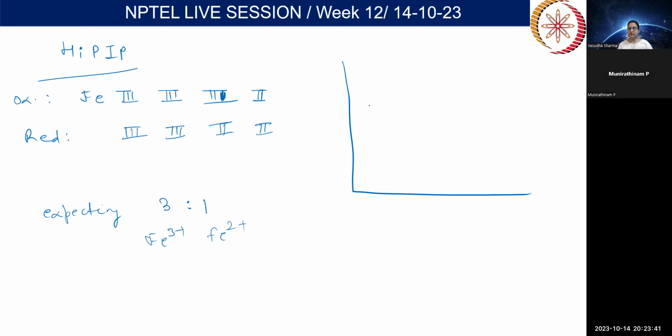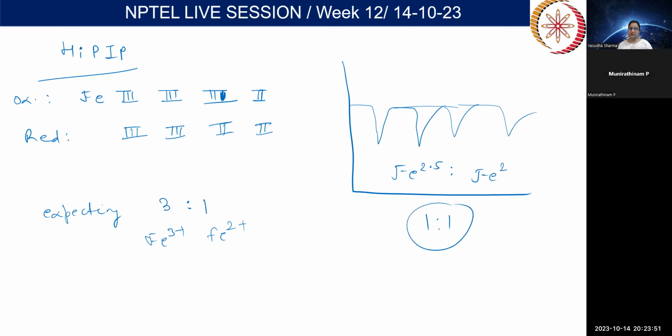But actually what we get is iron 2.5 to iron 2, that means 1:1 intensity. So here also 2 irons exist in the 2.5 plus oxidation state, and the other ones exist in the 3 oxidation state.